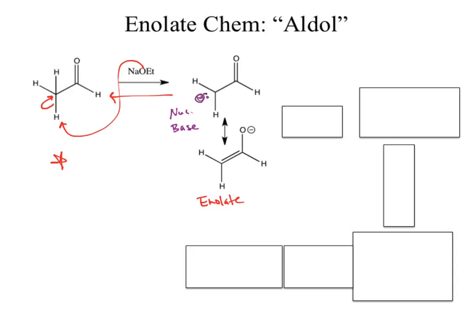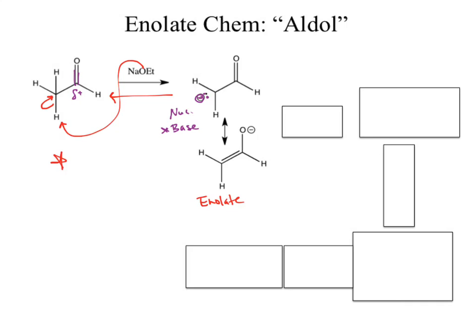Okay, if it acts as a nucleophile, what does it need to react with? An electrophile. What charge does an electrophile carry? Do we have any atom that is remotely positive that is not hydrogen? Where? What carbon? Our carbonyl from our aldehyde.